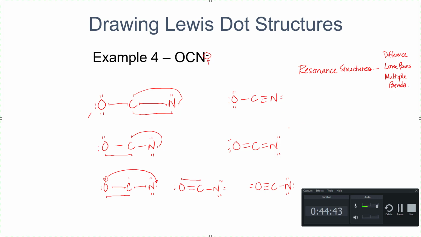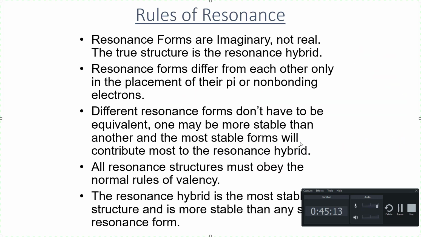So each one of these 3 structures has different numbers of lone pairs and different numbers of multiple bonds. And so those are resonance structures. Resonance structures are represented by a double-headed arrow. And let's go back and talk a little bit about the rules of resonance in terms of looking at these structures. So here are the rules of resonance.